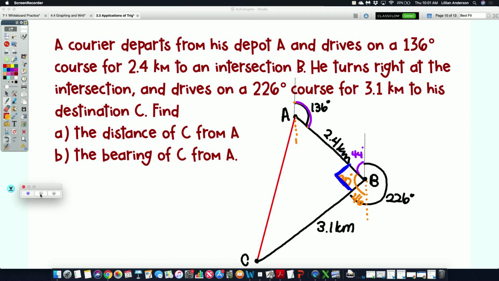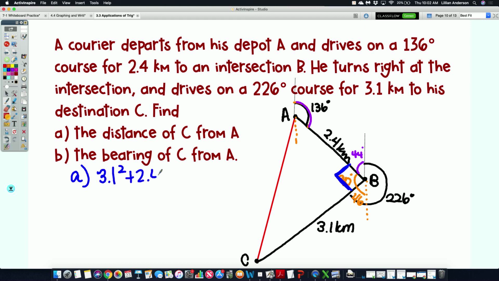So, to find AC, the distance of A from C, this is a right triangle. And so, if we know two sides of a right triangle and we're trying to find the third, we use the Pythagorean theorem, because we have the two legs and we're looking for the hypotenuse. So we're going to take the square root of 3.1 squared plus 2.4 squared to get what?